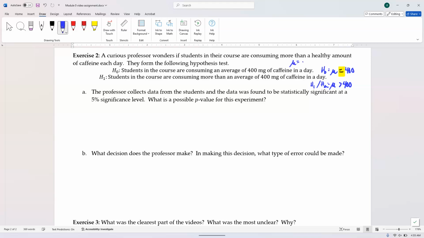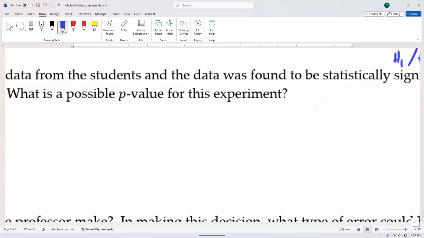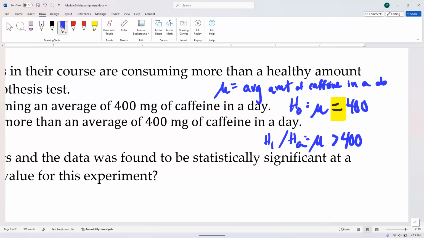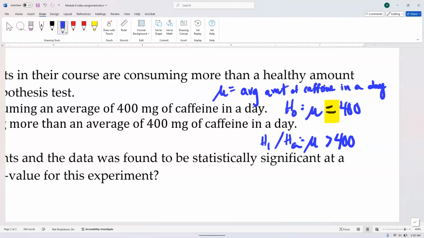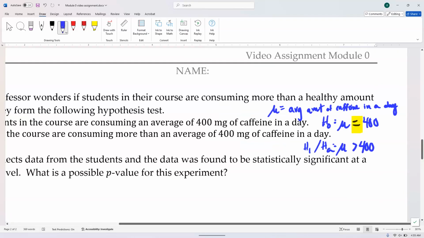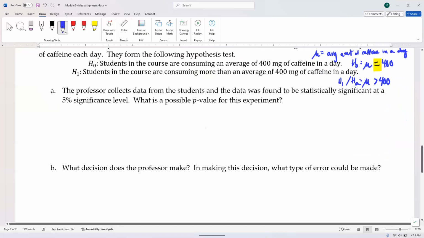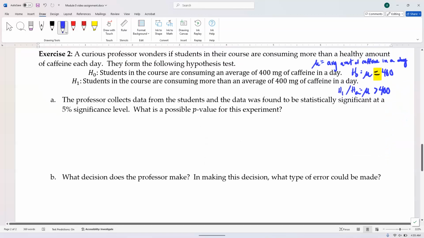So this would be the average amount of caffeine in a day. Okay, I managed to sneak it in. So 3 things with a hypothesis test: null, alternate, and then the definition of the symbol that you use, if you want to use symbols. And that wasn't even the question, so that was more like just commentary.